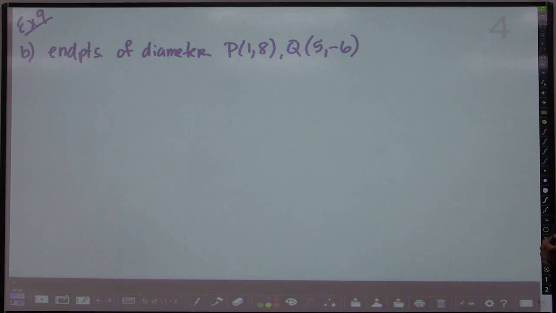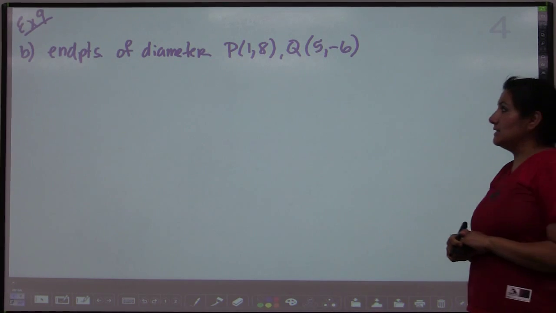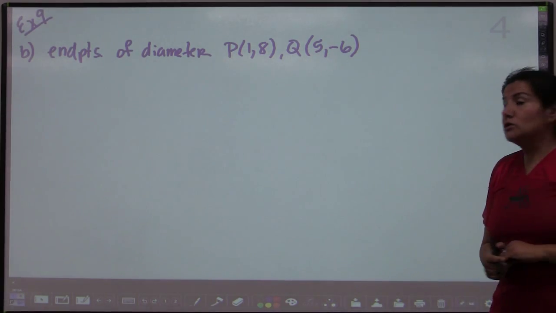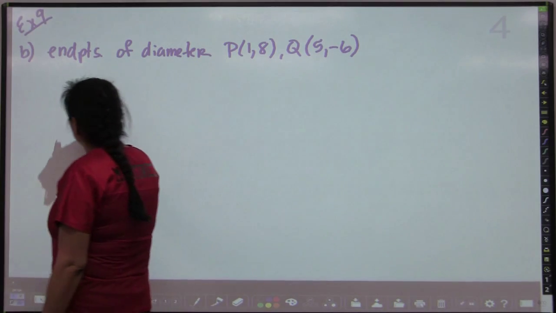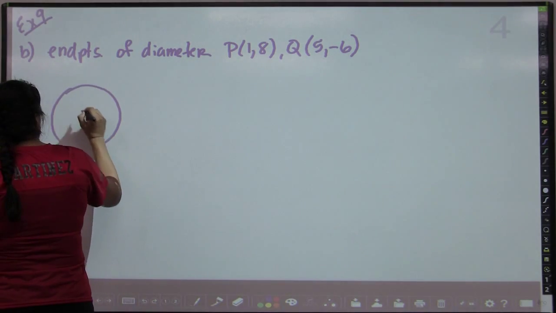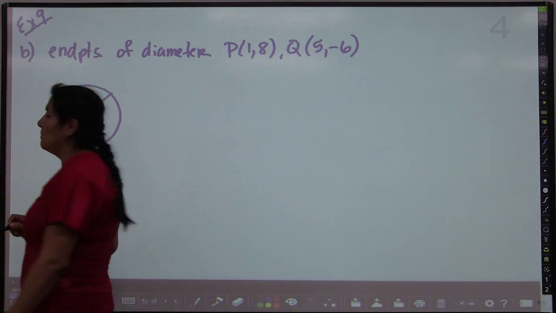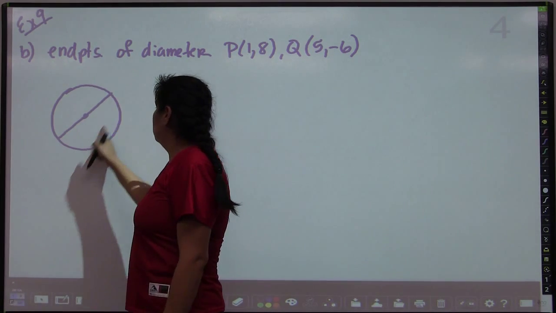So here's part B. What they have given us are the end points of the diameter. So what you should know about a circle is that the diameter has to go through the middle. Otherwise, it's not the diameter. Otherwise, it would be a chord if you just went like here.